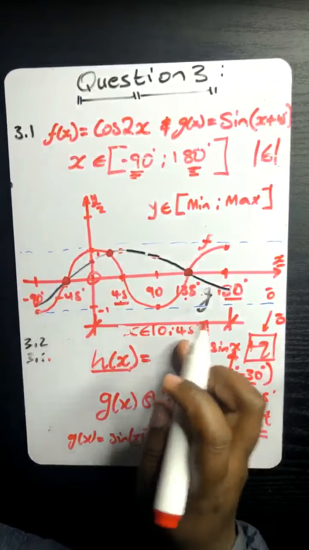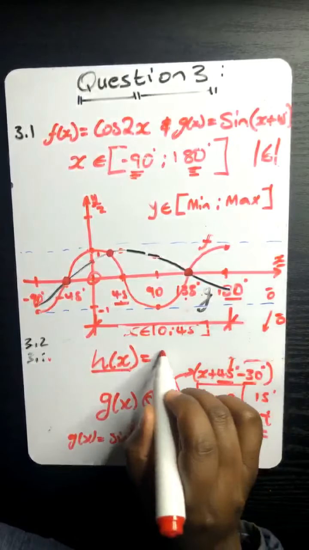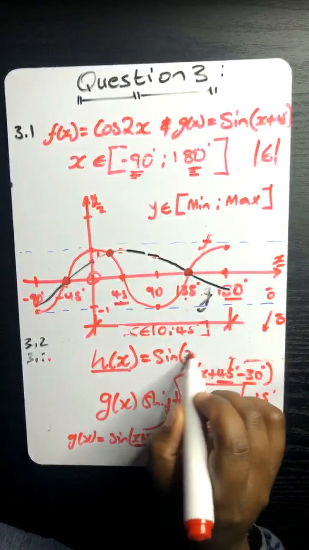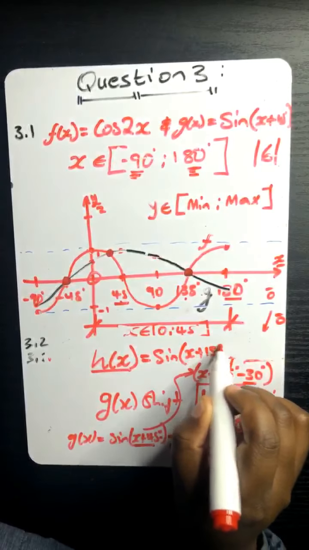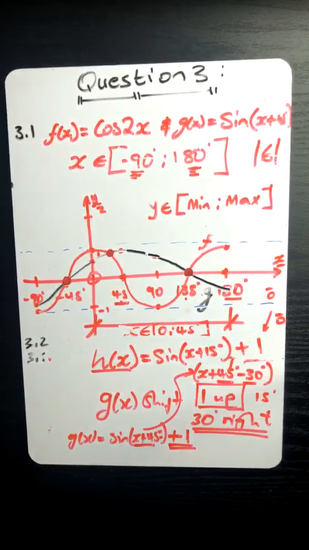So that means h of x is actually sine of x plus 15 degrees, plus 1. I'm not sure if I'm still losing you guys with that one. Anyone still lost? So that I can explain again.